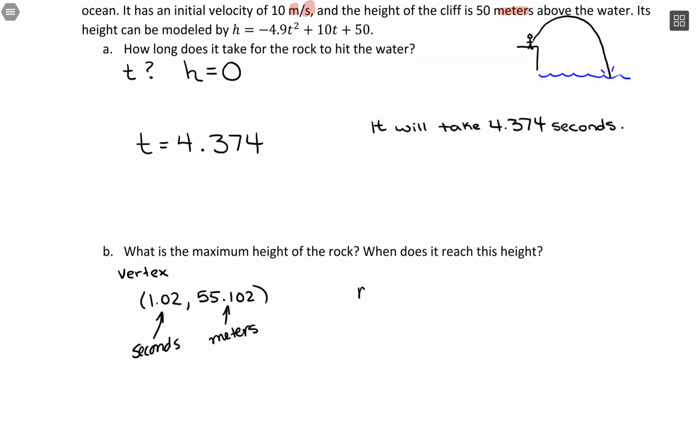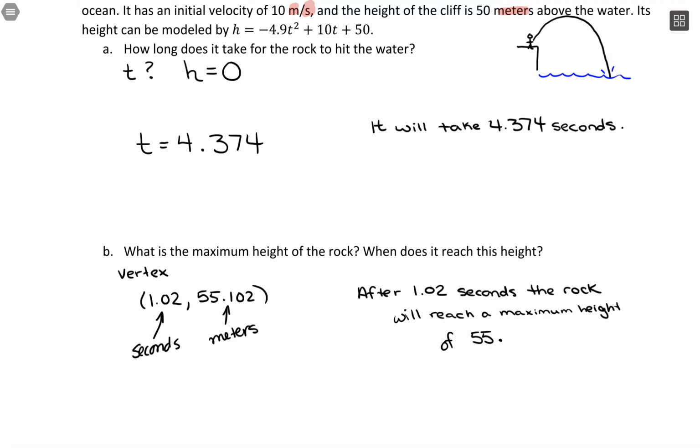So we could say after 1.02 seconds, the rock will reach a maximum height of 55.102 meters.